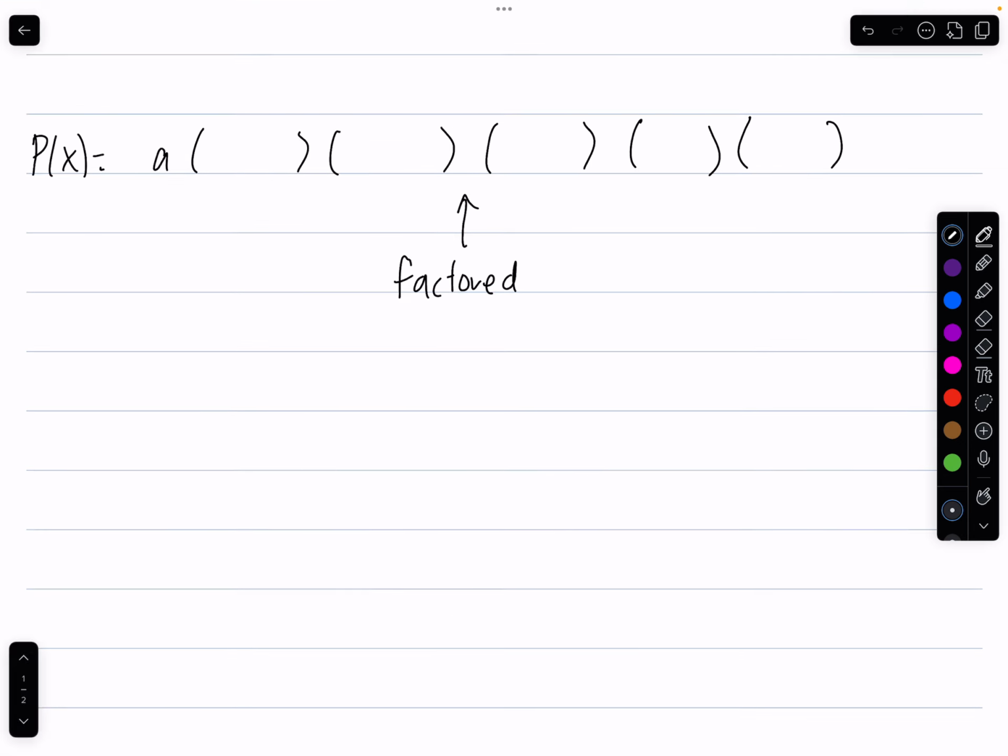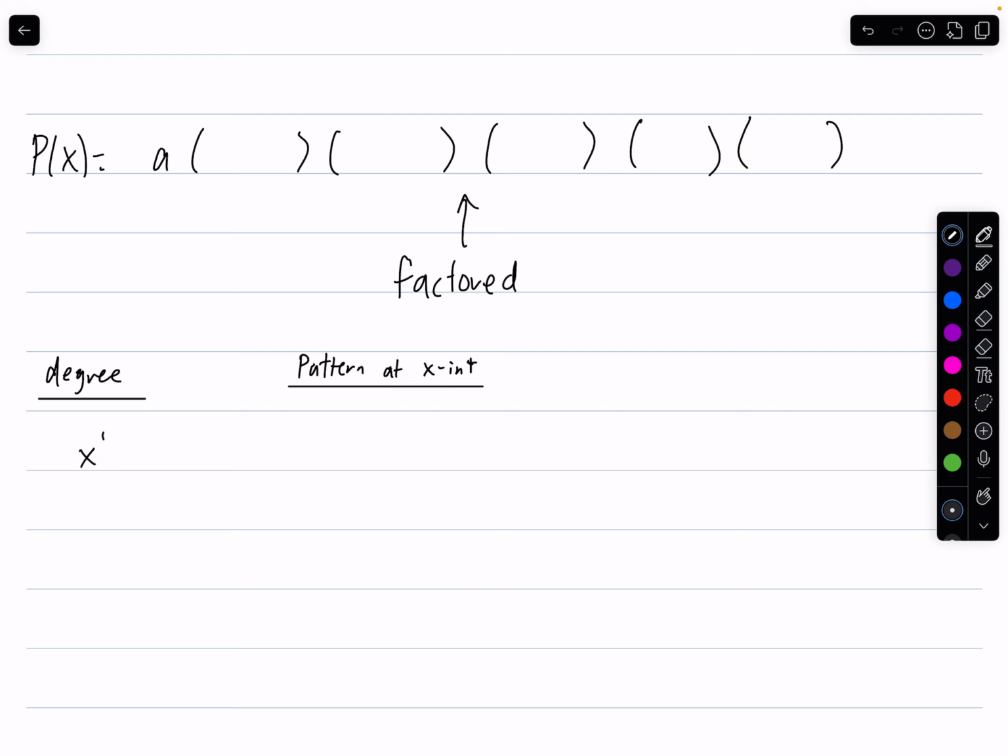So one of the things we have to know is the different types of functions or the characteristics. Sometimes we may get a factor that's degree 1. So this will be the degree of the factor. The other thing we need to look at is what the pattern is at the x-intercept of this factor.